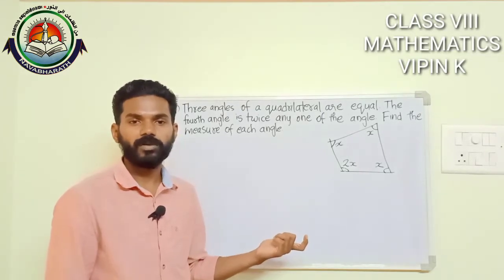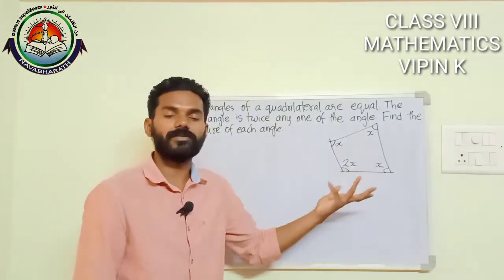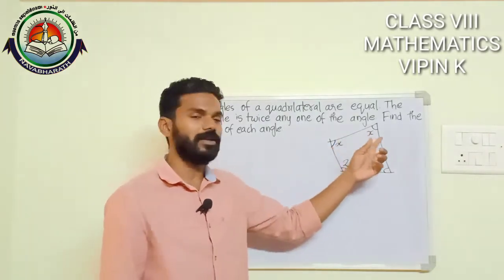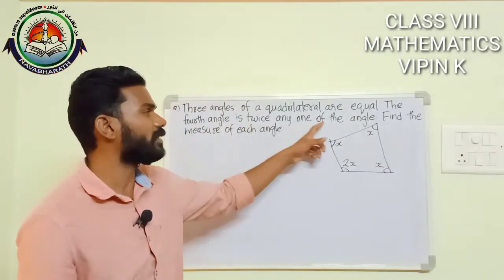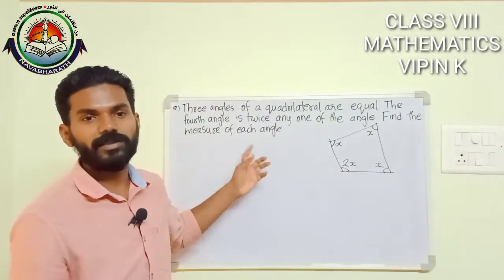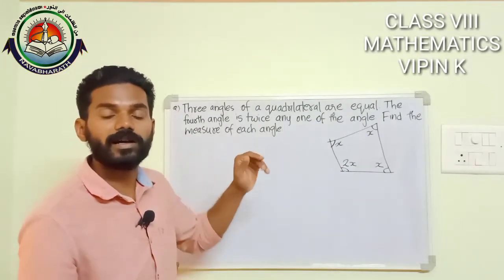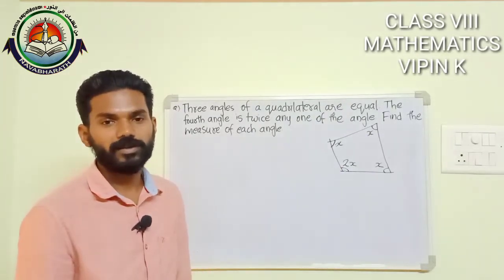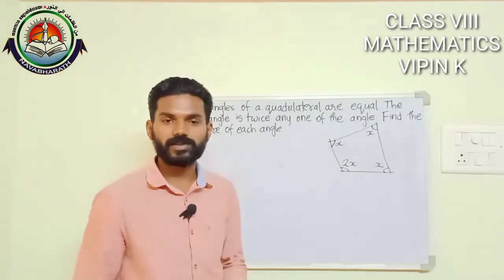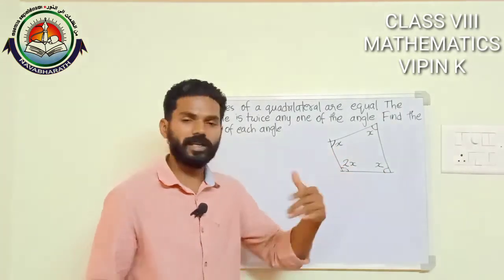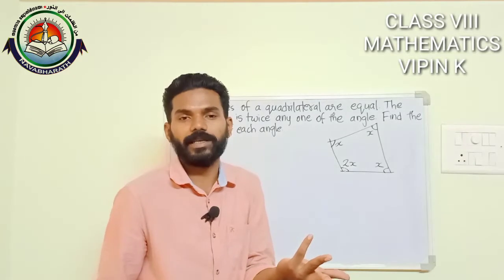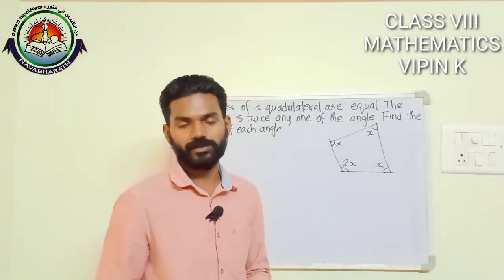Now, how can you find the value of x? If you find the value of x, then you can easily write the four angles of the quadrilateral. So, how can you find x? X is an unknown. We don't have any idea about the value of x.